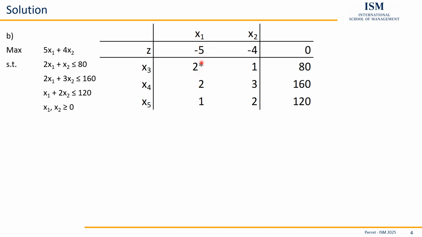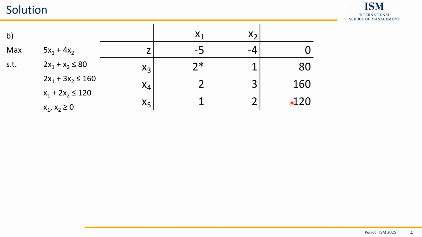Then I have to select the pivot row. For this, I consider all rows where I have in the pivot column a positive number. Well, here, a positive number for all of them. So all 3 rows qualify for pivot row. To decide which to take, I'm going to take the right-hand values and divide them by these values. So I have 80 by 2 is 40. Here I have 80.